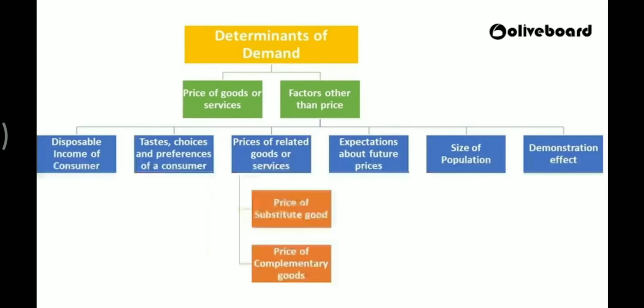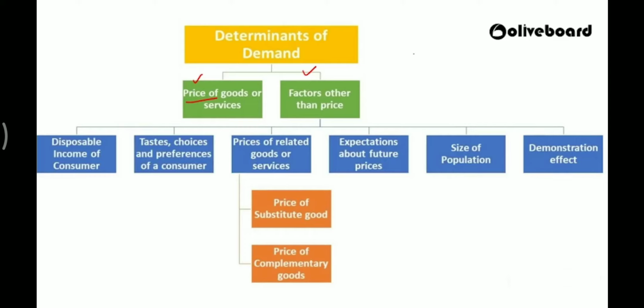Next, when we talk about determinants of demand, what determines the demand? What are the factors that affect demand? Mainly there are two factors, guys. First one is the price of that commodity or service, and the second one is factors other than price.